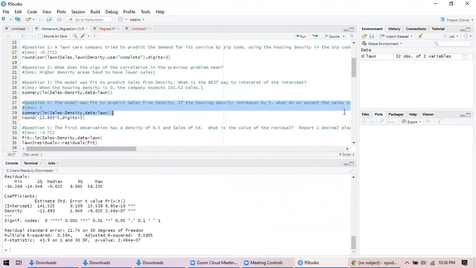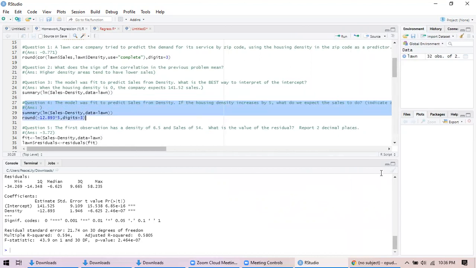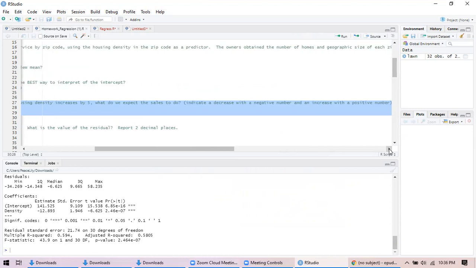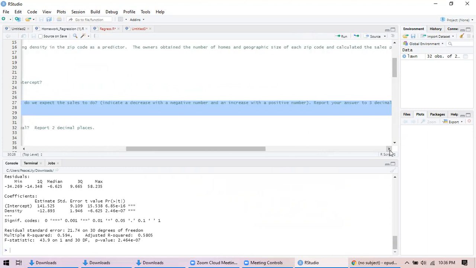If housing density increases by 5, what do we expect the sales to do? Indicate a decrease with a negative number and an increase with a positive number. Report your answer to 3 decimal places.